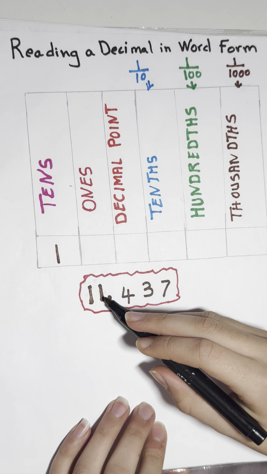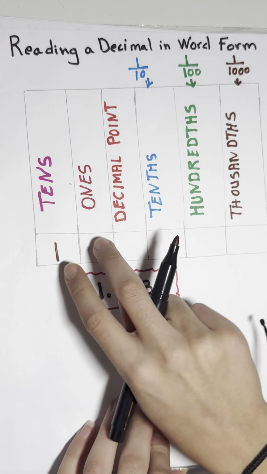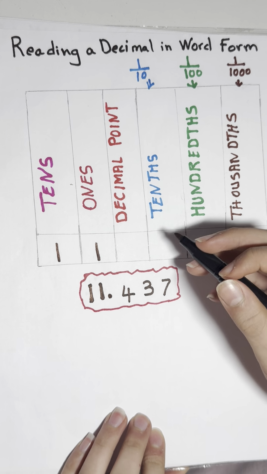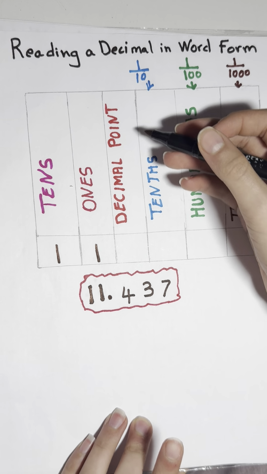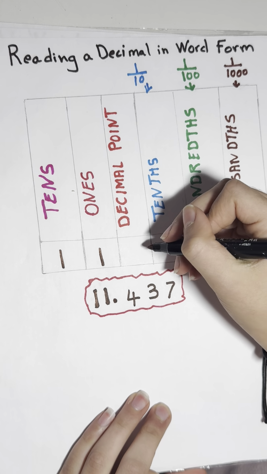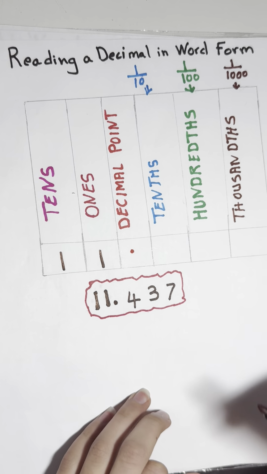Then this one right here goes in the ones place. I think we know that's 11. Now this dot right here, I wonder what it is. It's a decimal point. So that will go right there. That's our decimal point.